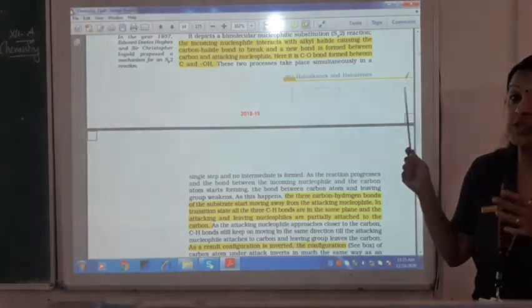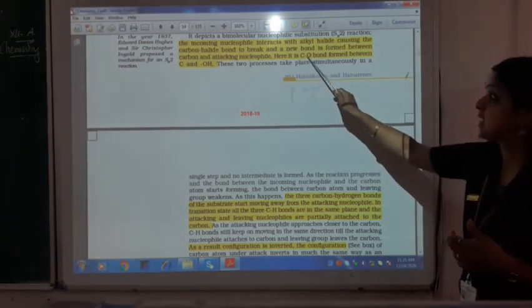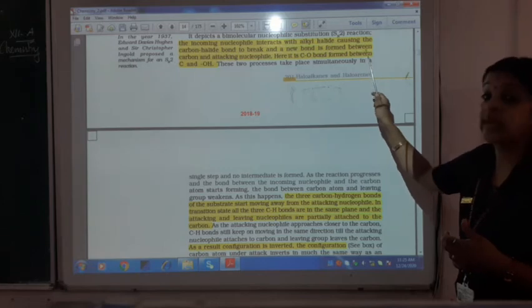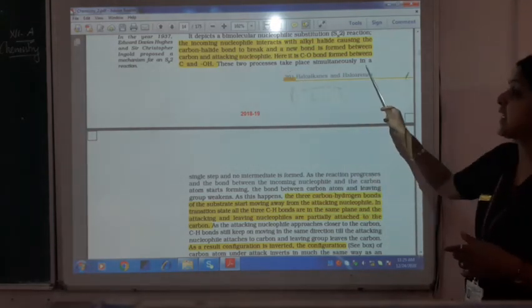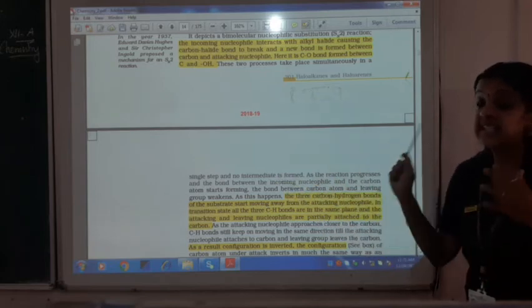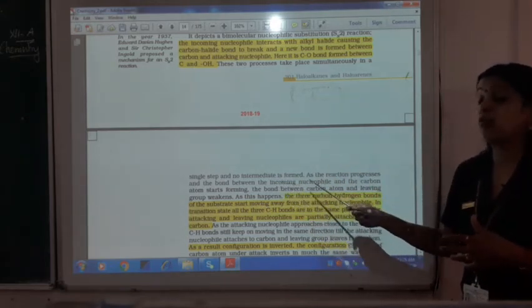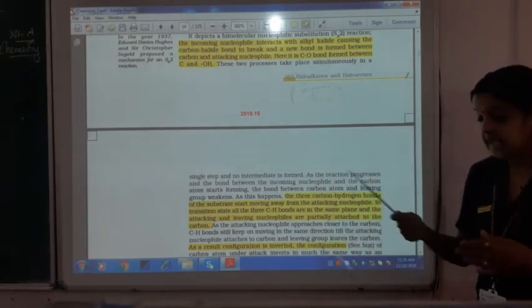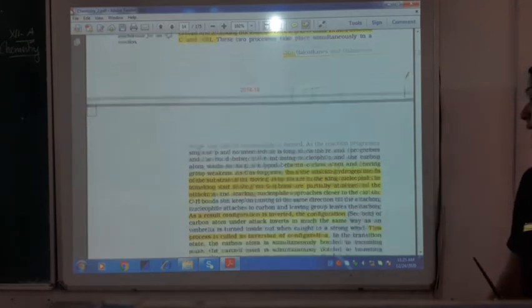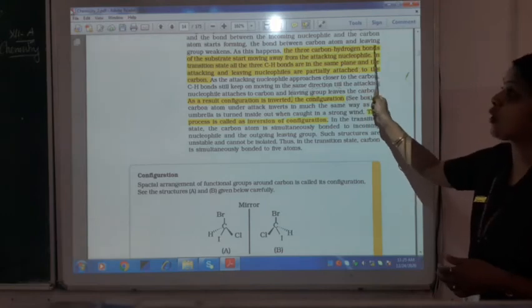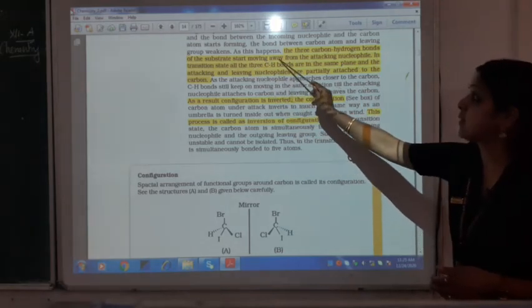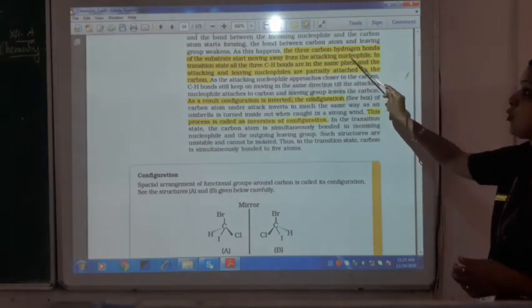which is my OH minus. So, a C-O bond is formed between carbon and OH. Since the two processes take place simultaneously in a single step, the intermediate formed will immediately break into the products. Okay. Now, the 3 carbon-hydrogen bonds of the substrate start moving away from the attacking nucleophile.